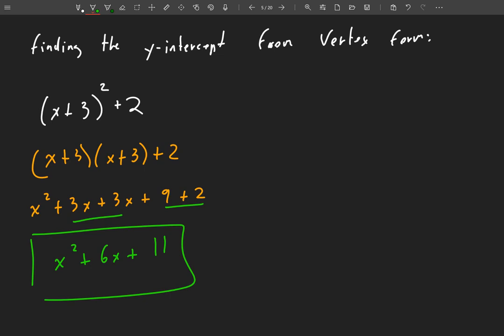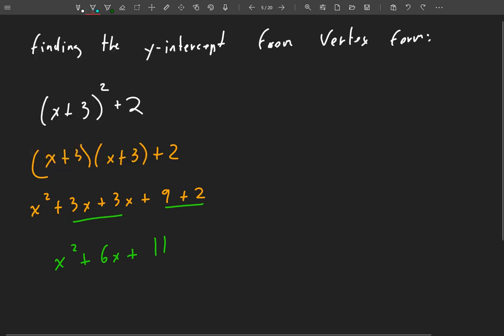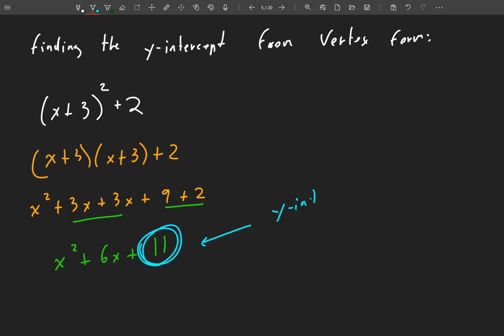Well, this is how you would do it. You would just multiply out everything and then combine all the like terms. And if you'll notice, once you've done this, the y-intercept is visible. So if I ask you what the y-intercept is, now you can look at the last term, but you could not before, because this wasn't simplified.